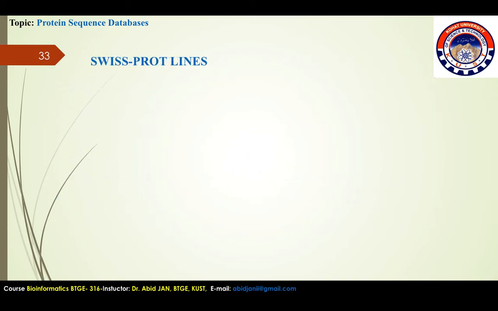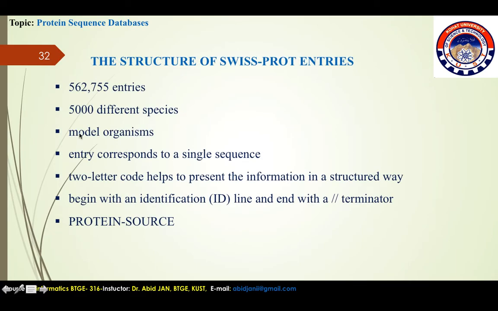For example, we can have INS-human, so INS, insulin protein from human.